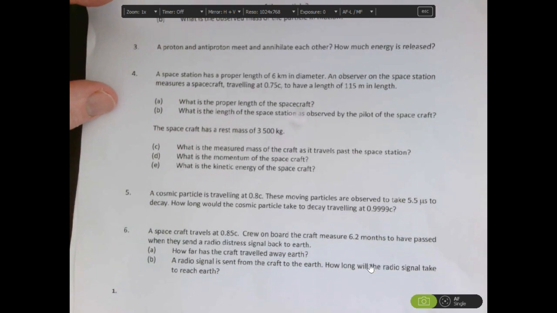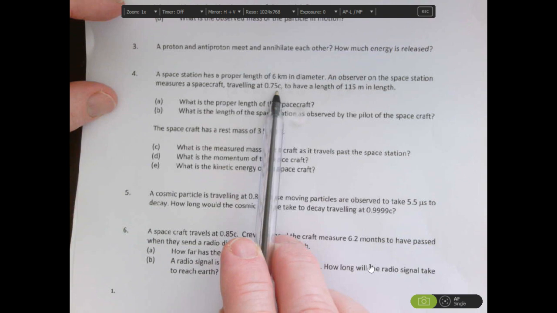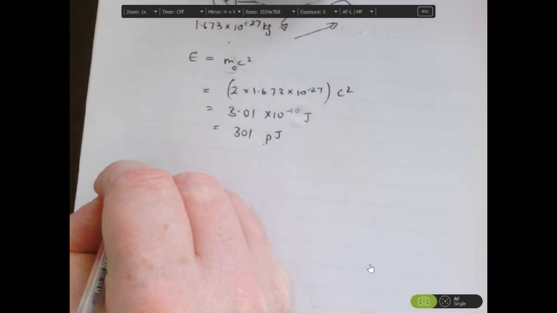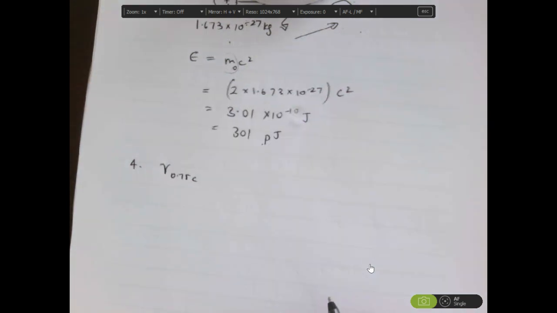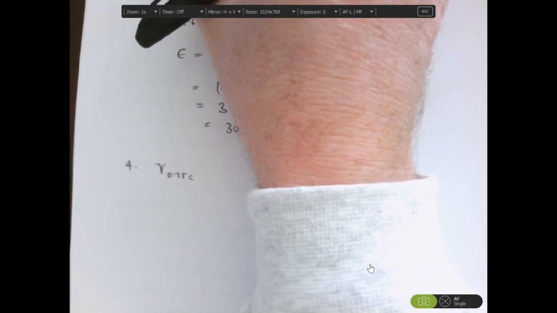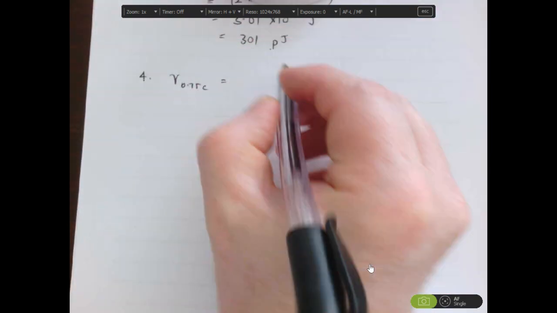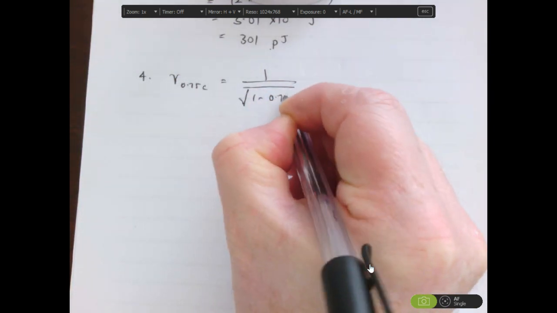As always, the first thing we're going to do is look at our velocities and determine the gamma factor for this situation. So question 4, the gamma at 0.75 c would equal 1 over the square root of 1 minus 0.75 squared.